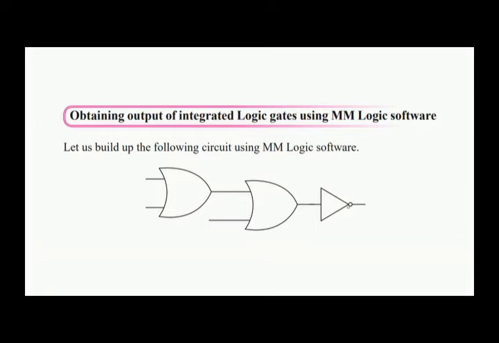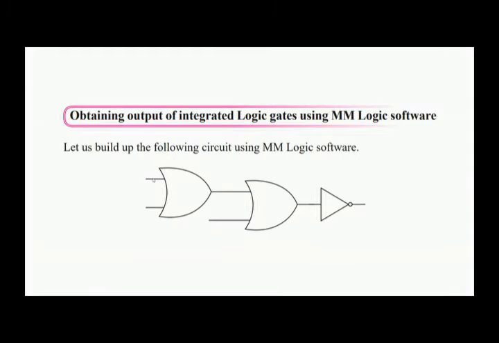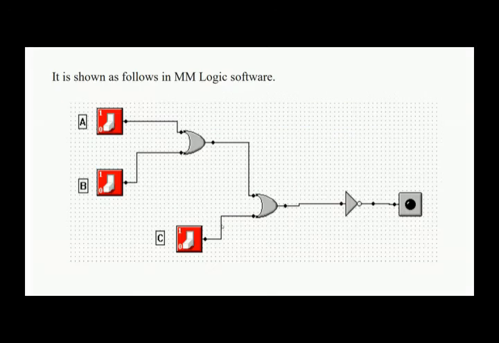Two OR gates and a NOT gate. Only one NOT gate. Because we have one input, two inputs and three here, so we have three inputs, we need to take three switches.